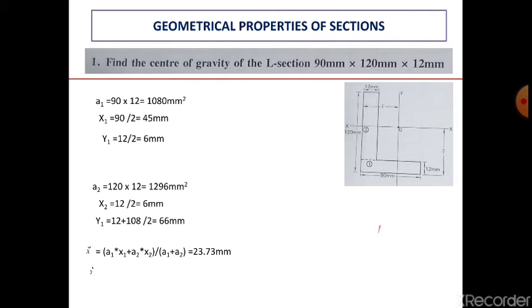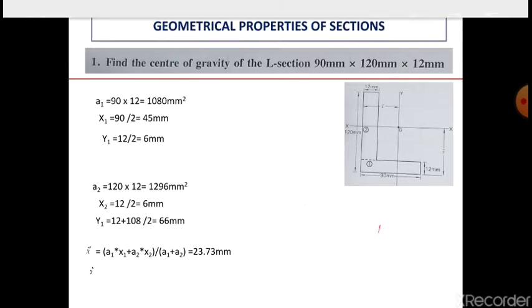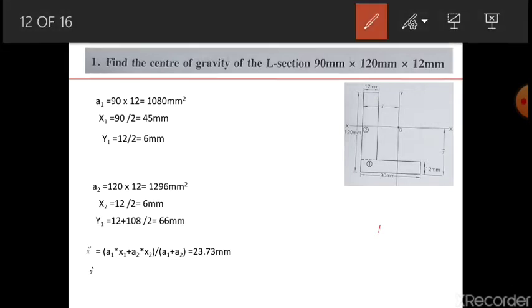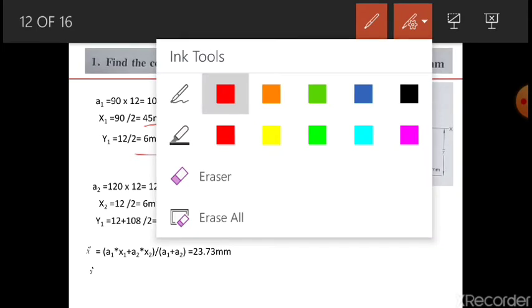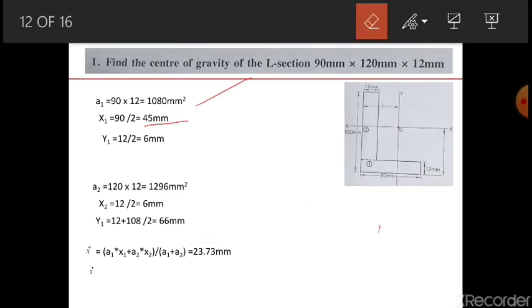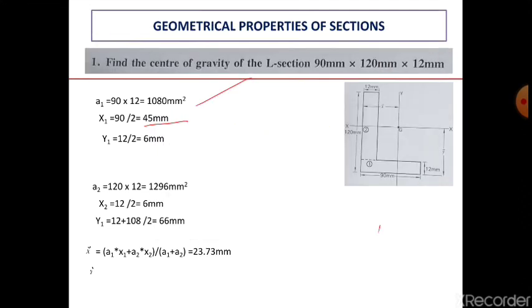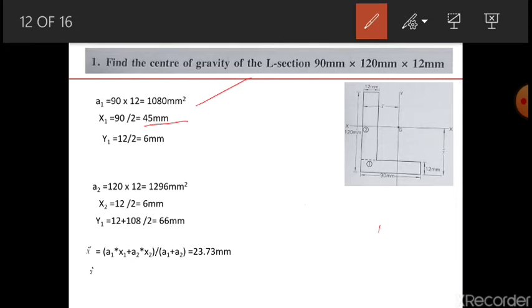Here A1 will be 1080, x1 will be 45, and A2 will be 6. Okay, then x2 will be this 6.